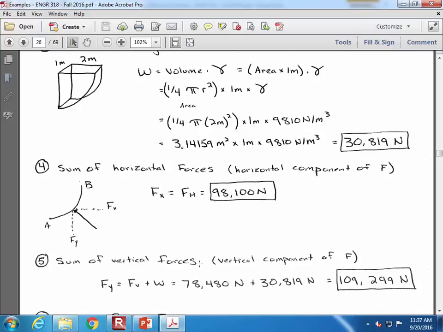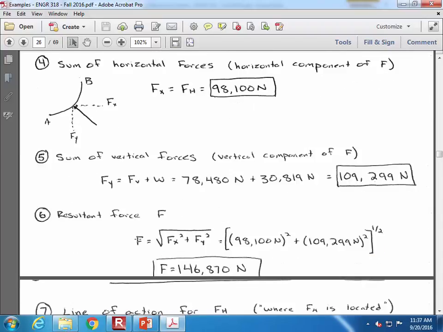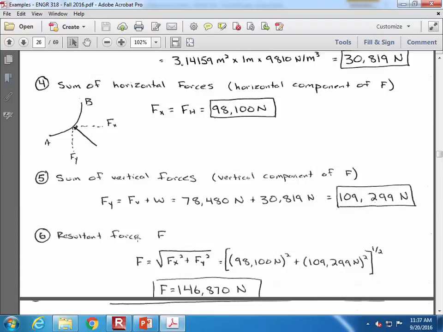We obviously have to push up to keep that gate in equilibrium. And so the magnitude is 109.3 kilonewtons for the vertical forces. And then we can find the resultant force by the square root of the sum of the squares. And so the overall magnitude of the external force that is applied is 146.9 kilonewtons. Okay.